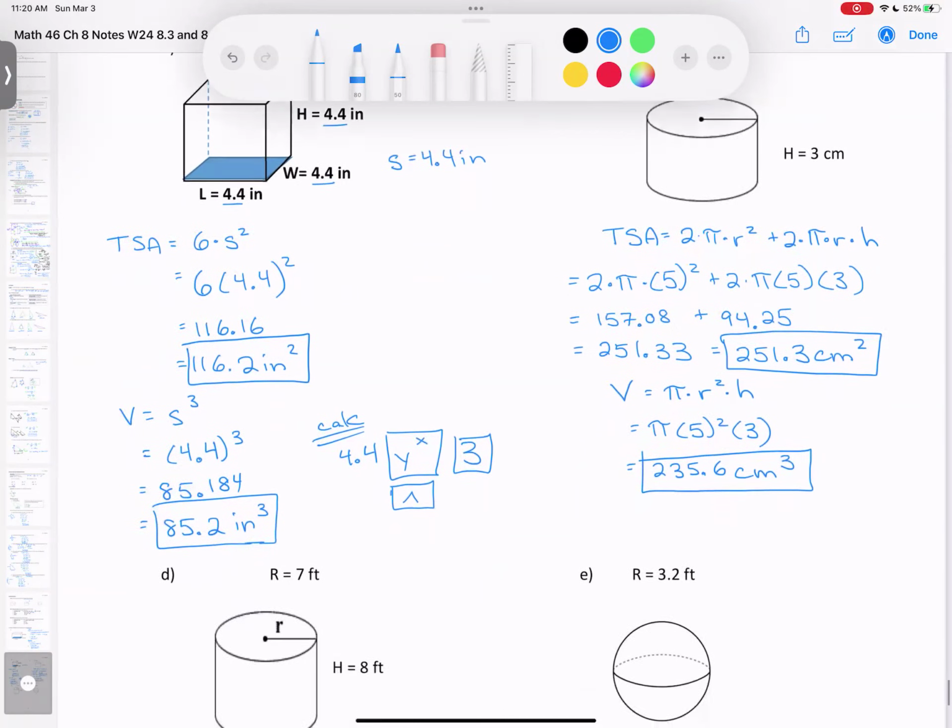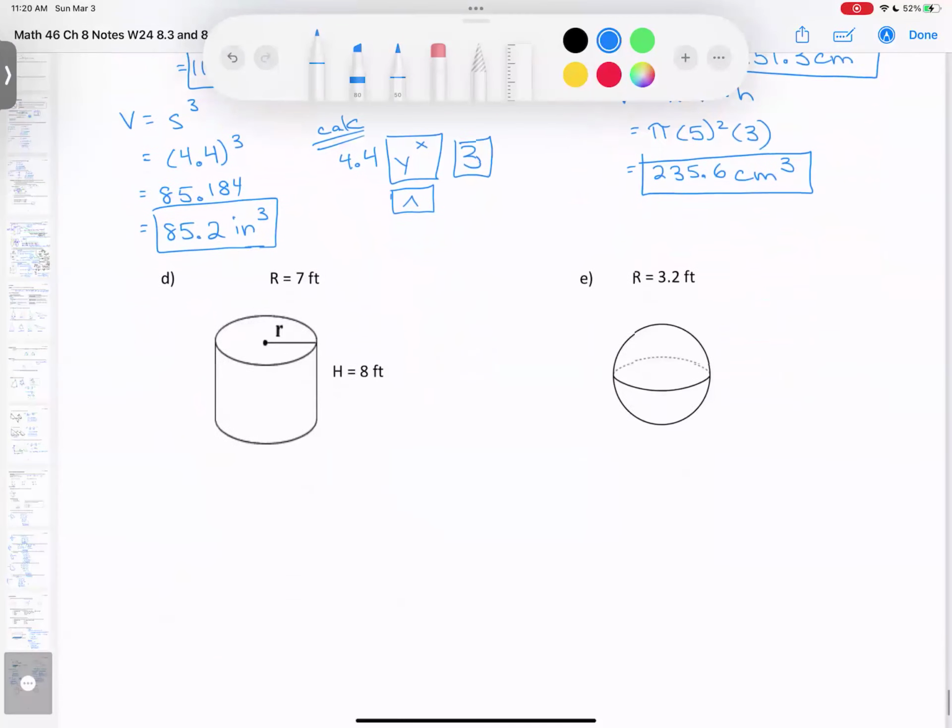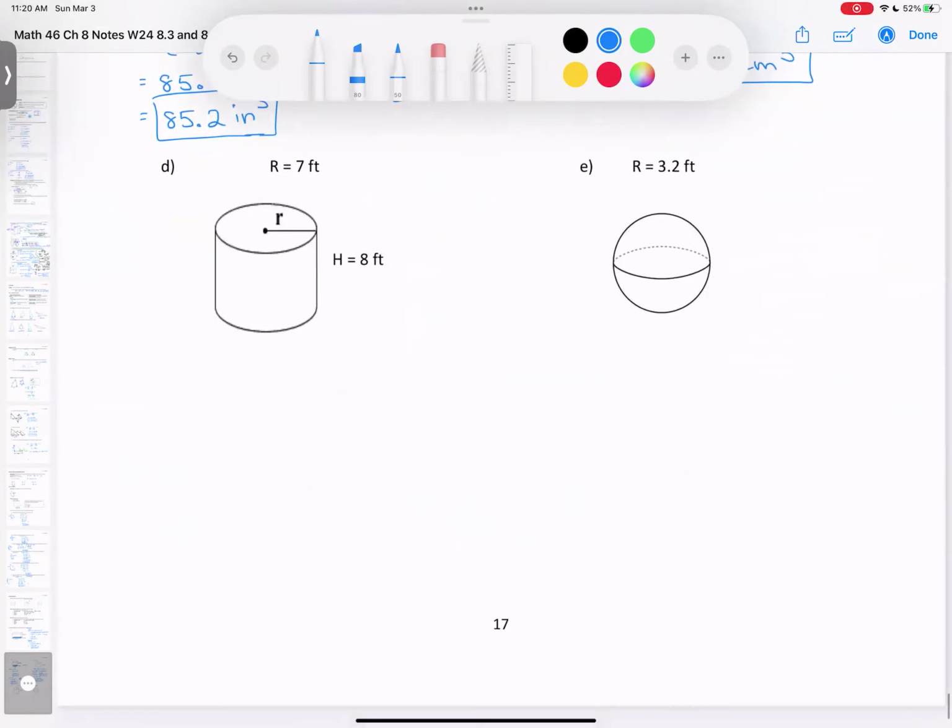So these last two, we've got a cylinder and then we have a sphere. So go ahead and try these two on your own. And I'll just write the answers here again, and then if you aren't able to get those answers or you'd like to watch them being solved, you can come back to the next video to find out how to do those.